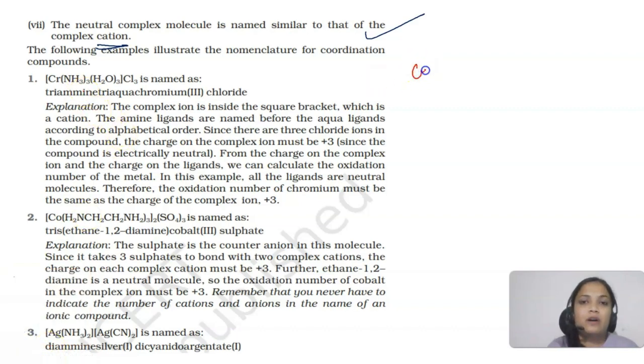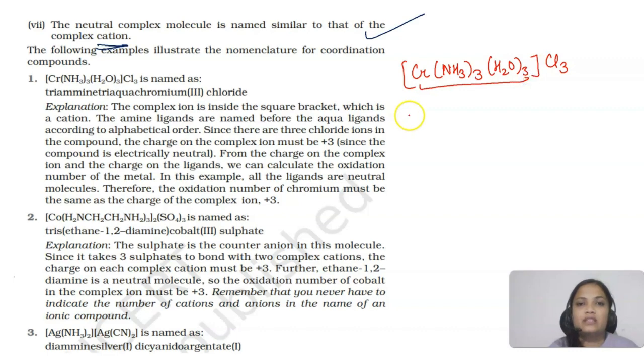Here this compound is given: [Cr(NH3)3(H2O)3]Cl3. Now let's see the complex ion, whatever is inside the bracket, which is a cation. Of course it's a cation because there are 3 chlorides, so it means the complex ion has a 3 plus charge. How did I find the charge?